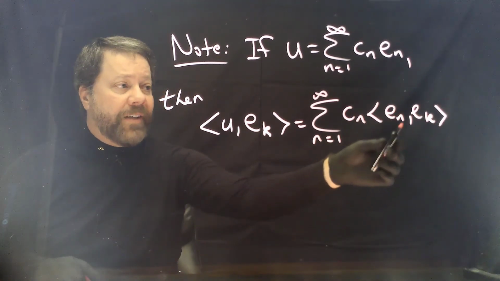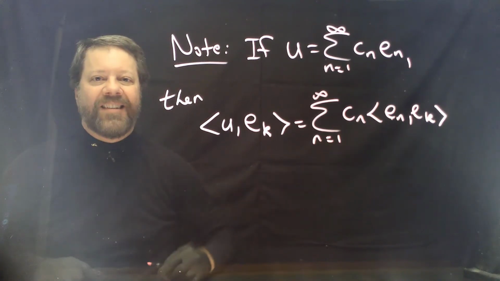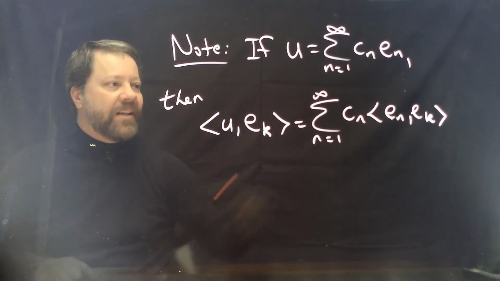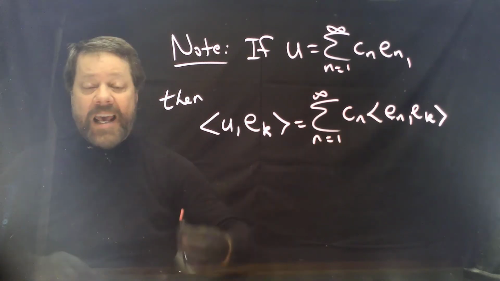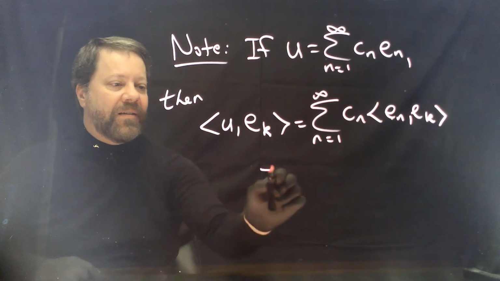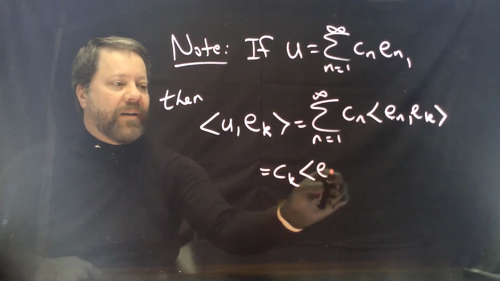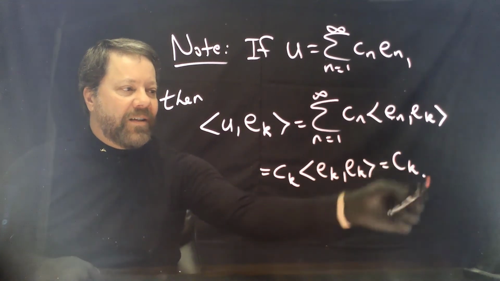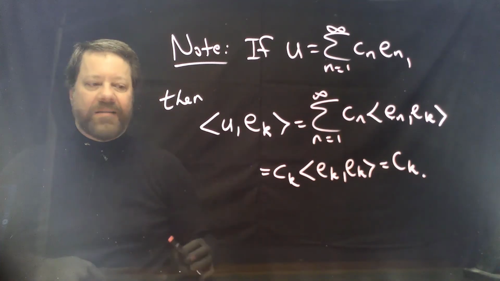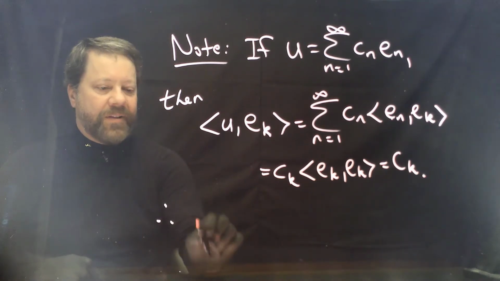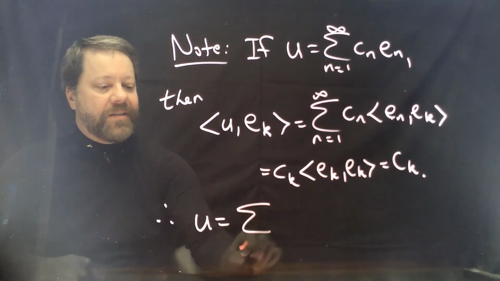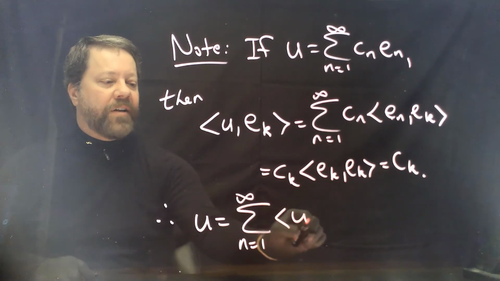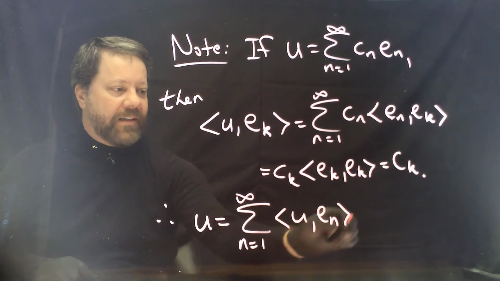The only one that will survive is when you have Ek with Ek. But since we're assuming that these En's form an orthonormal set, when you take the inner product of Ek with Ek, you'll get 1. Well, that tells us what these constants are. We deduce that if u is expressible as a Fourier series, then we know what these coefficients are. They're the inner product of u with En.